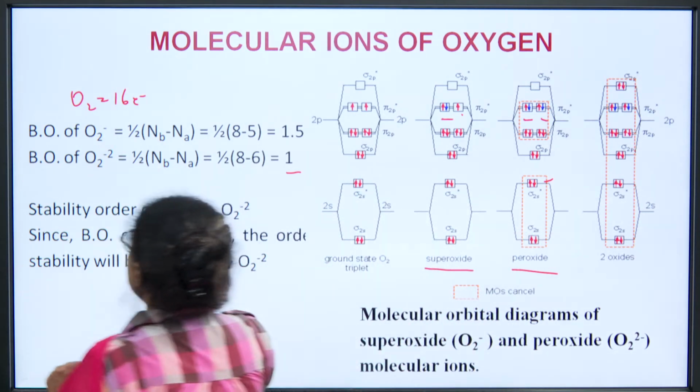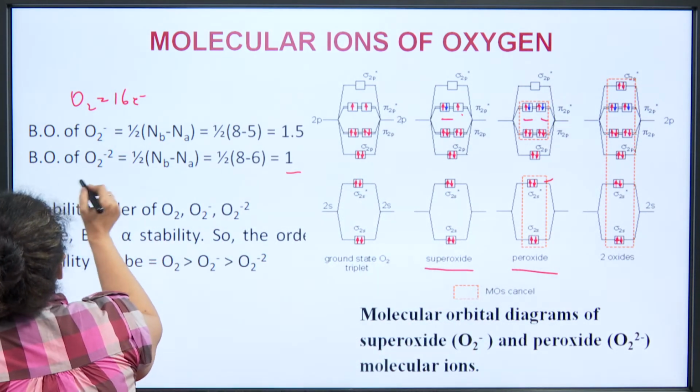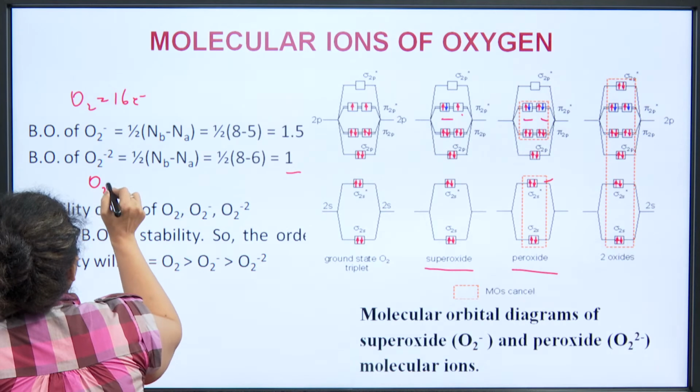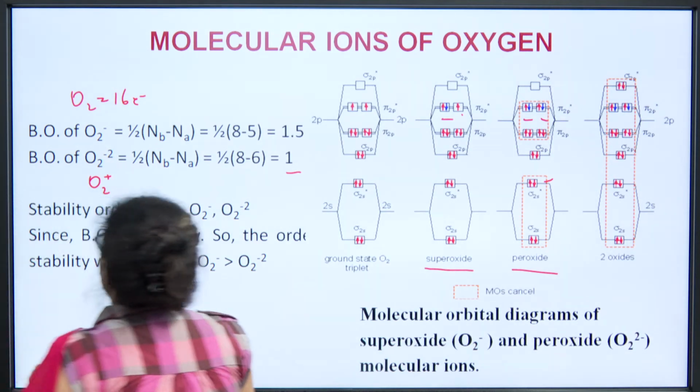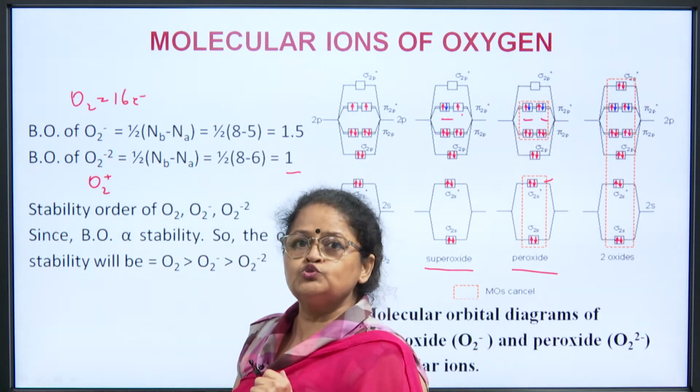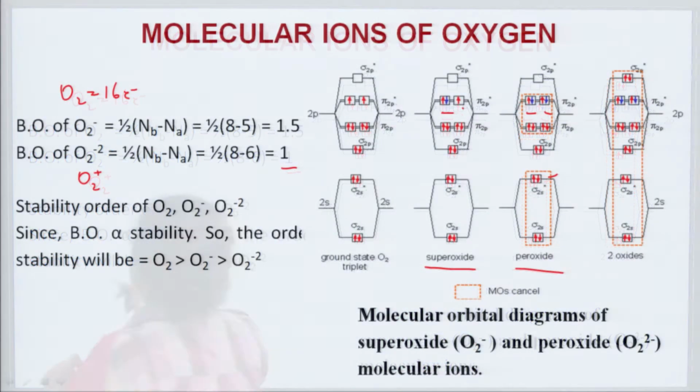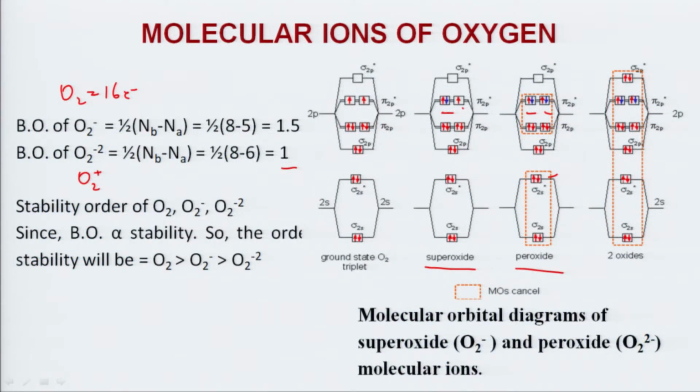Similarly, in the same way, you can also look at O2 plus. Since O2 has 16 electrons, O2 plus will have 15 electrons. If it has 15 electrons, that means 1 electron less. So, this is your O2 molecule, and for 15 electrons, one of the electrons will go from here.